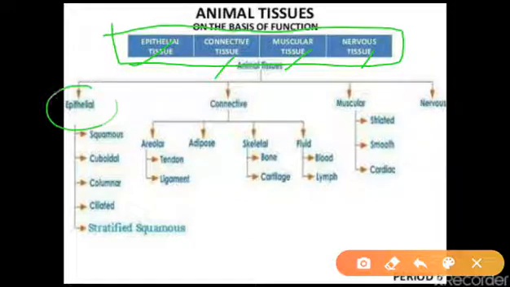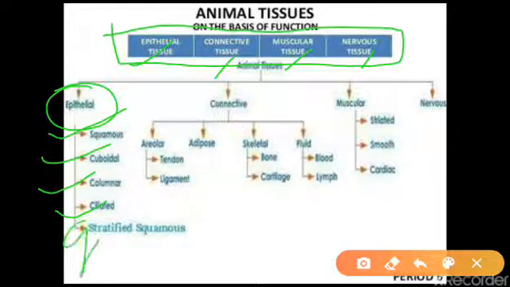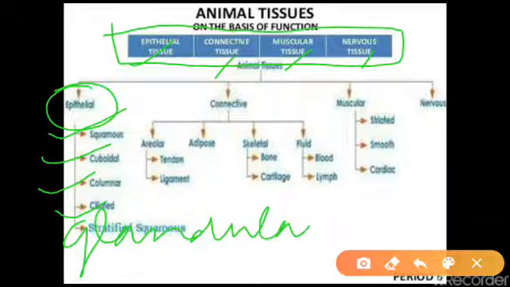The epithelial tissue is divided into squamous, cuboidal, columnar and ciliated. One more is also there, glandular. It is not given here, but glandular epithelial is also there. So these are the five epithelial tissues that we are going to read.